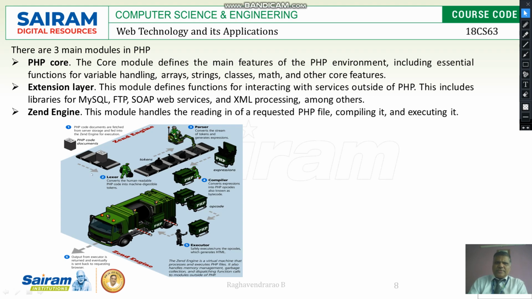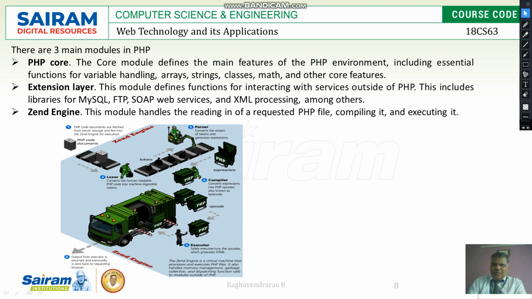In the Zend engine, a lexical parser is there. It tokenizes the code and gives it to the parser, which converts it into tokens, and expressions are executed by the compiler. The compiled code is called opcode.